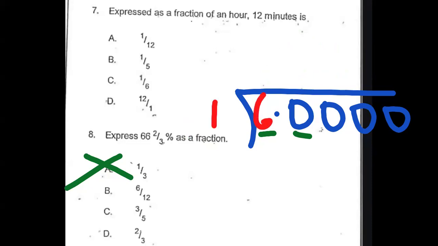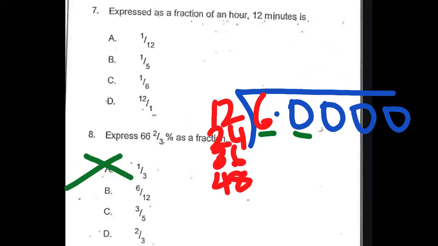Here's 6, here's 12. 24, 36, 48, 60, 72, 84. Now I could go further, but let's see what happens, right? All right, so 6 is smaller than everything else, so you put 0 there. Now we're at 60. 1, 2, 3, 4, 5. Here's the 60.